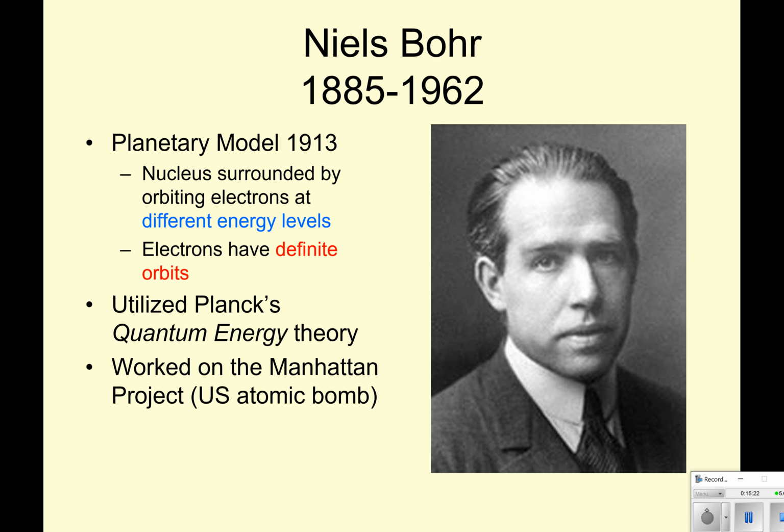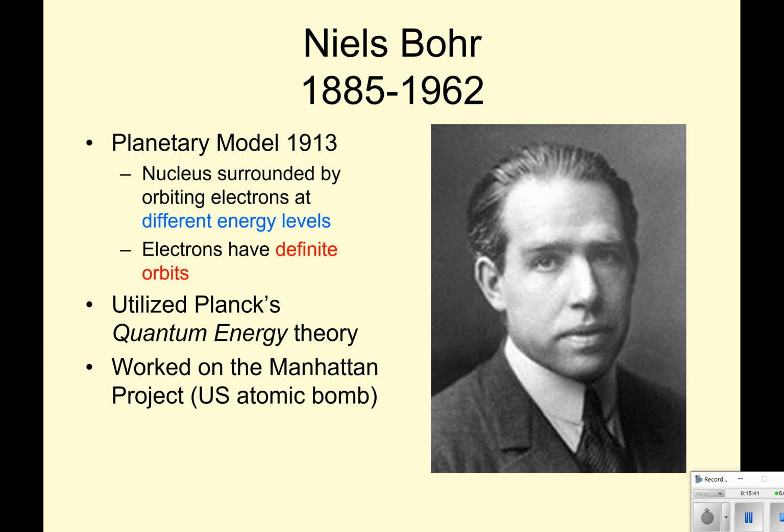And he said that these electrons at different energy levels can move back and forth between different energy levels depending on when they're heated or cooled. And when that happened, he realized that different elements gave off different colors of light when they were heated and cooled.